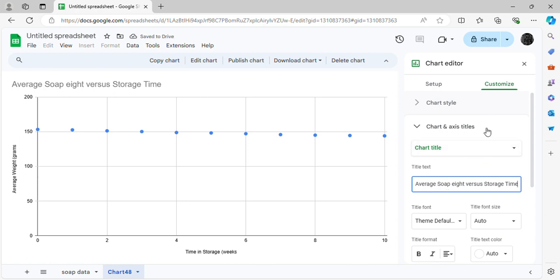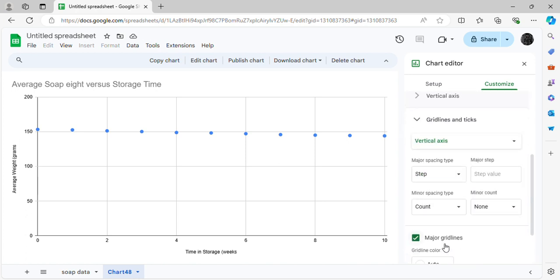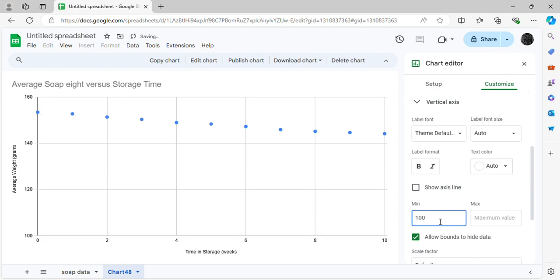Let's look at the grid lines and ticks. Let's look at the vertical axis. For the minimum, let's have 140. And for the maximum, let's have 156.